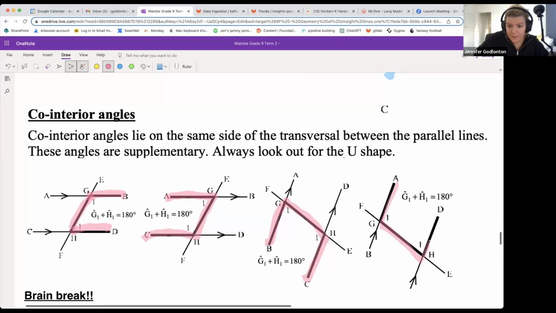In co-interior angles, they are not equal to each other. When we add them together, they equal 180. So this angle plus that angle is 180. This angle plus this angle is 180. This angle plus this angle is 180. Everything inside the U would be equal to 180 degrees.